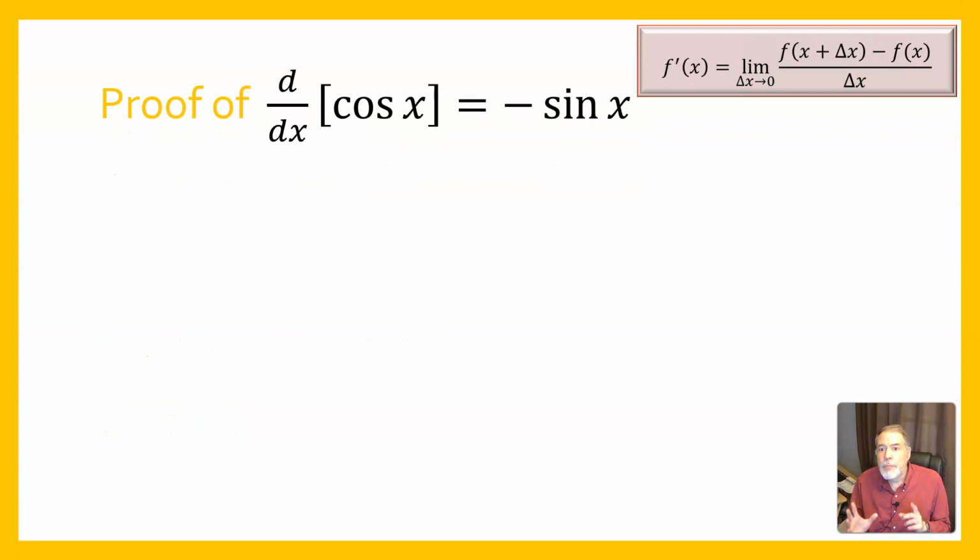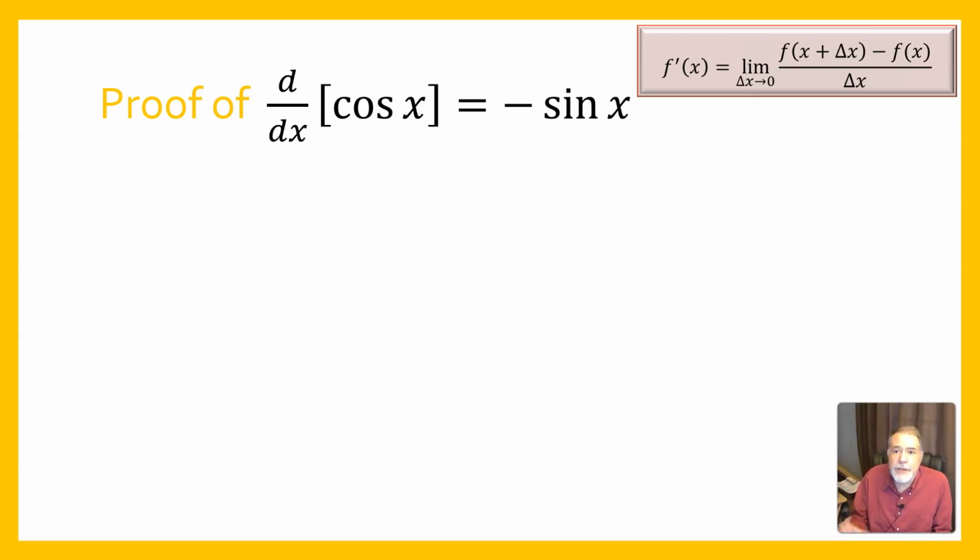And I'm not going to prove both of the rules. I'm just going to prove one of them because they both have proofs that work almost exactly the same way. And in lots of calculus textbooks, if you look at how the book presents the rule, they will show you the proof for the fact that the derivative of sine x is cosine of x. And then they'll say something like, okay, and then for the other one, the proof is left as an exercise.